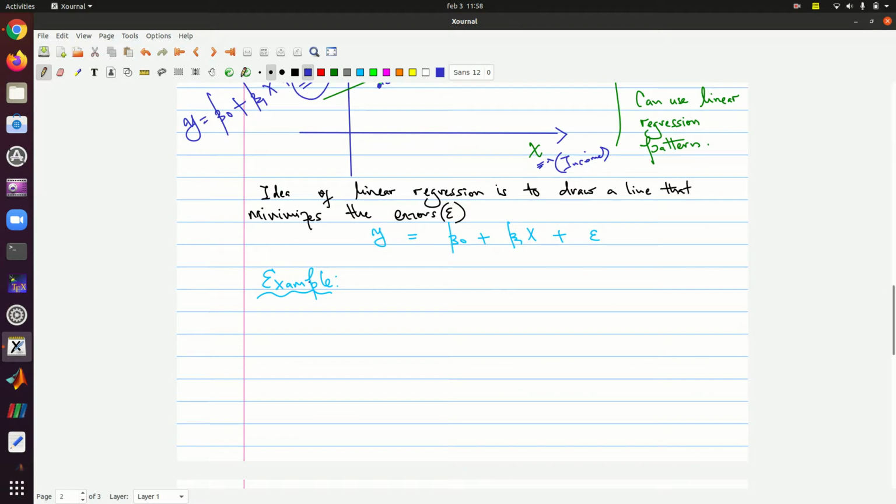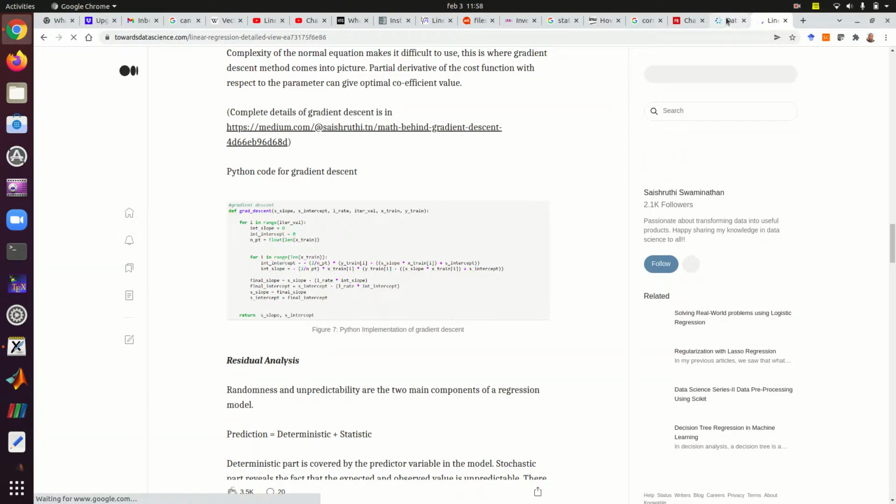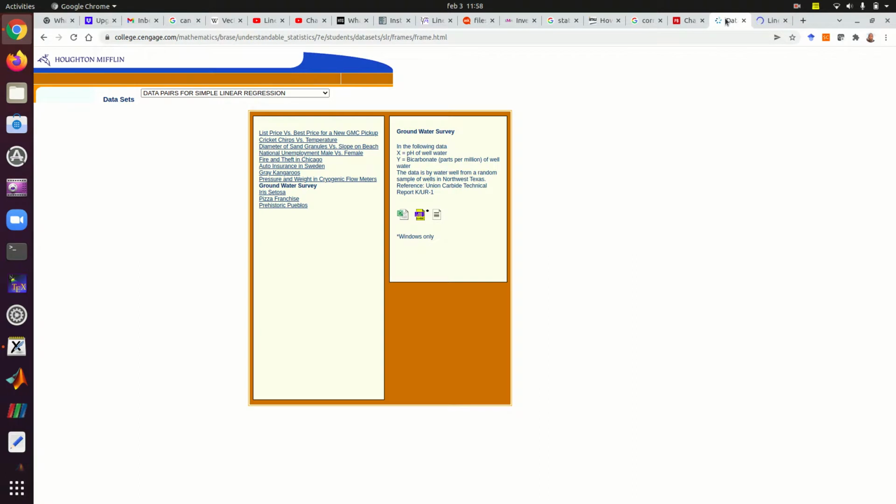We have an example of how to fit data here, and then we come up with an equation. Going back to the browser, I searched and found some data points about a groundwater survey, which I downloaded and saved.